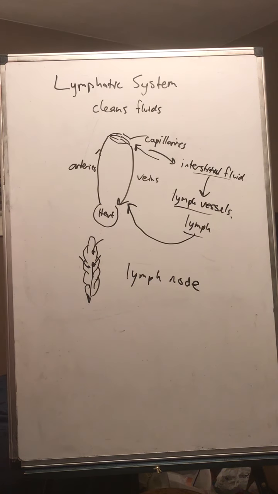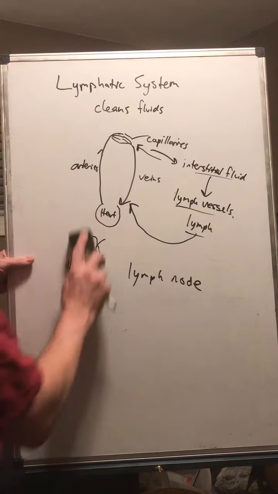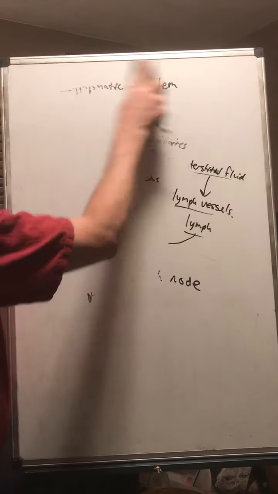You'll see bunches of lymph vessels, not nearly as many as you really have, bunches of lymph nodes, and then a couple of glands that are involved with the lymphatic system. The spleen, one of the things it does is contain many white blood cells, so it can help with cleaning the lymph and cleaning the blood, actually.